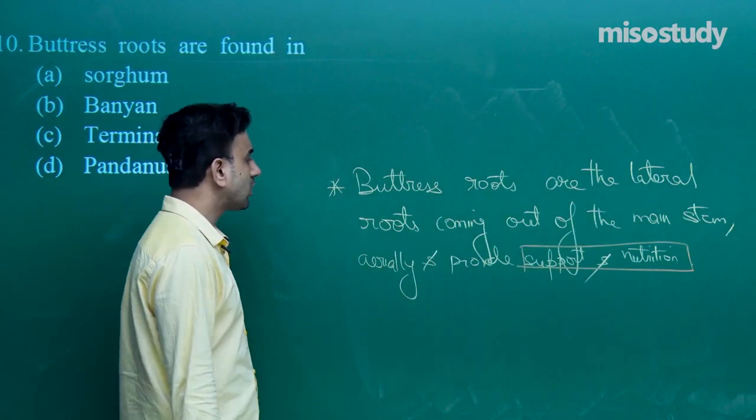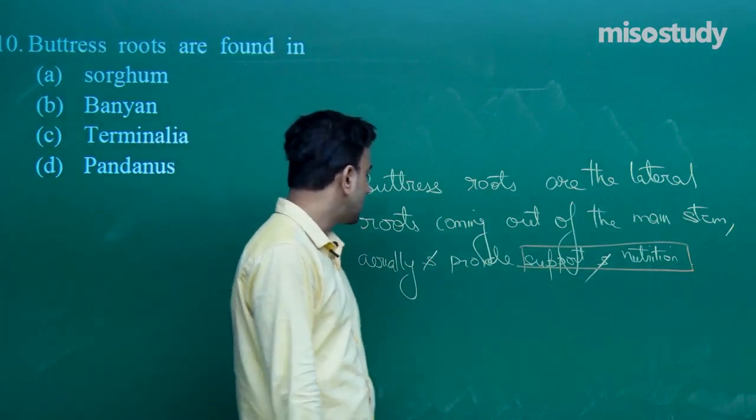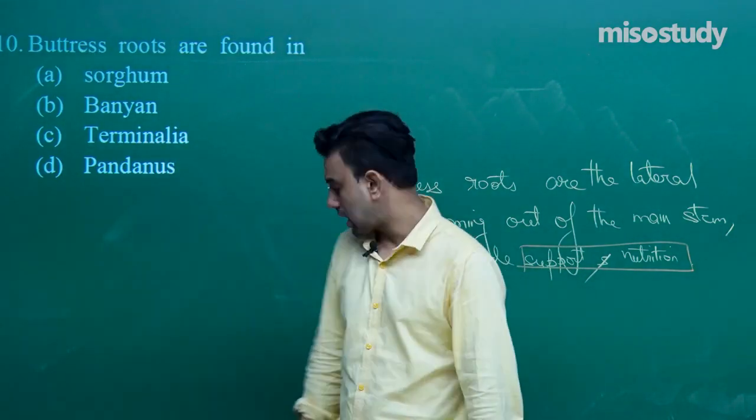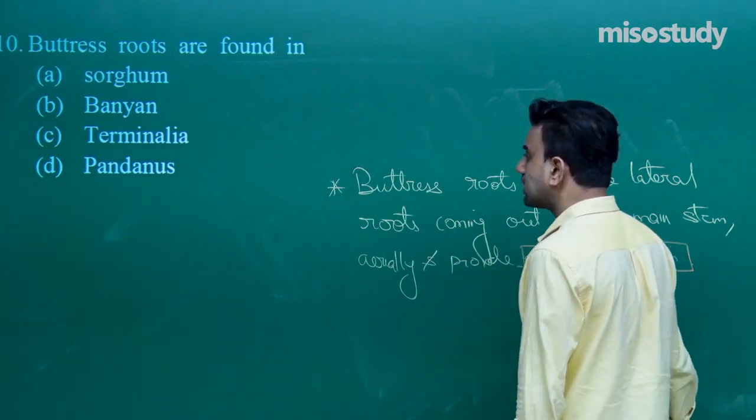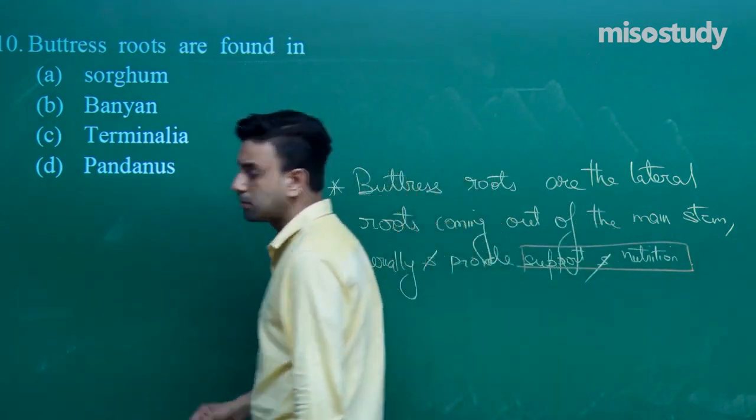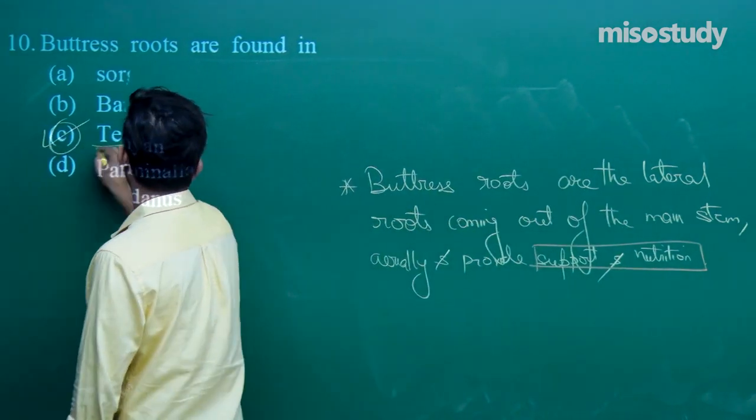So, buttress roots are the lateral roots coming out of the main stem aerially and provide support and nutrition, and hence these will be providing the support and nutrition. Now, these are seen in terminalia.